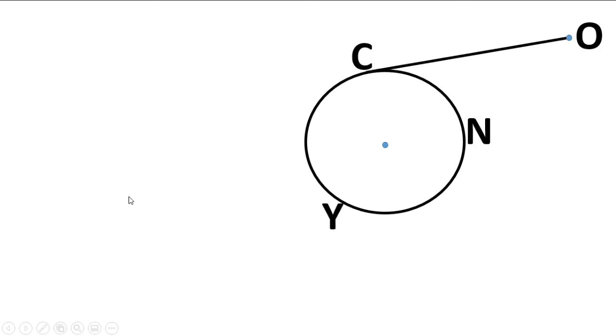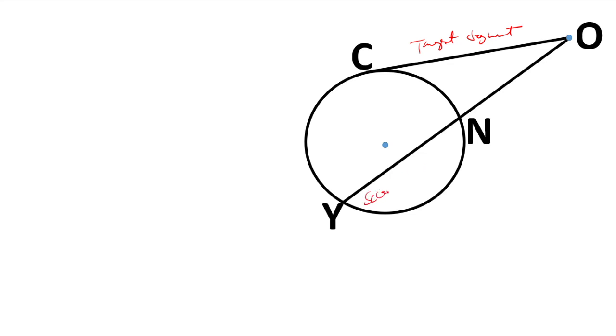So, ito naman, si CO dito ay tinatawag nating tangent segment. Okay? Tangent segment. Next, si YO naman ay secant segment. Okay?